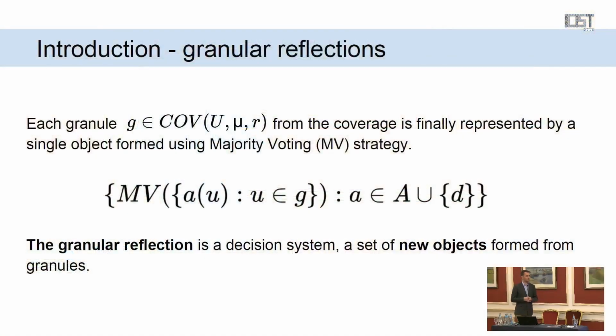When we produce our granule of knowledge, we are combining together objects that are somehow similar, and we are building and covering the initial data sets with those granules, trying to preserve the internal knowledge. When there are ties, and we are not sure which new objects should be produced from the granules we've made before, we can use majority voting to pick the most occurring values for each attribute, and ties are resolved randomly.